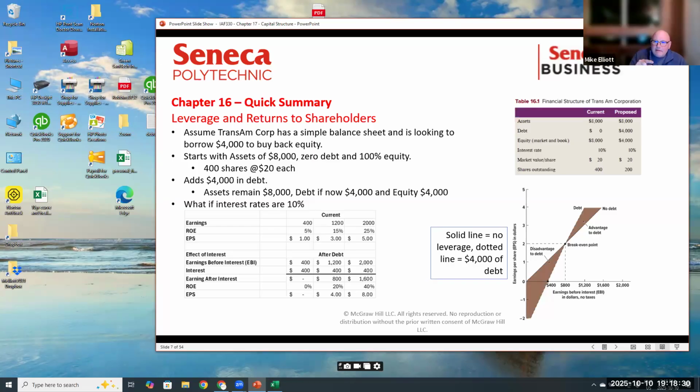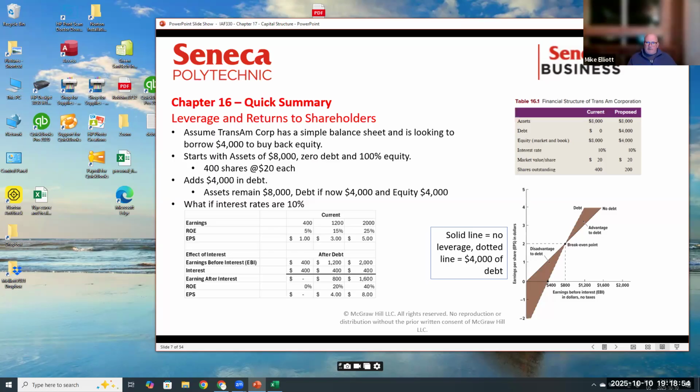Now, when we add debt, what happens? When we add debt, we start to see a shift because we have to account for the cost of the debt. And we see this initial negative here, but we have the same break-even point. Our break-even point isn't going to change. It's just going to pivot. And we're going to move around that break-even point.